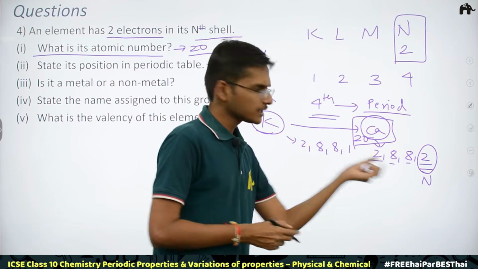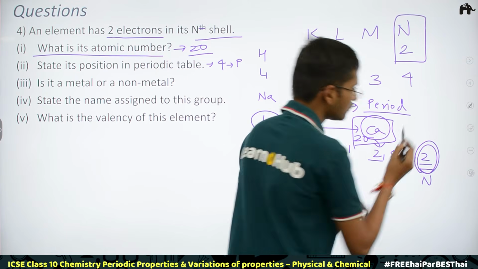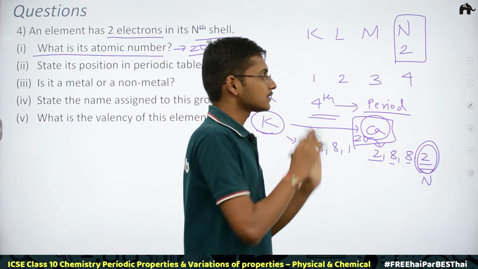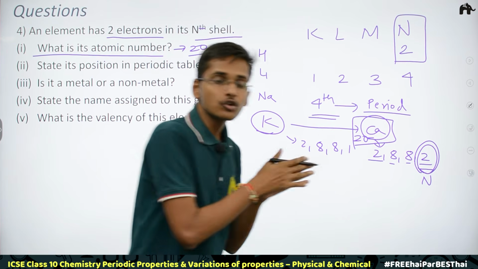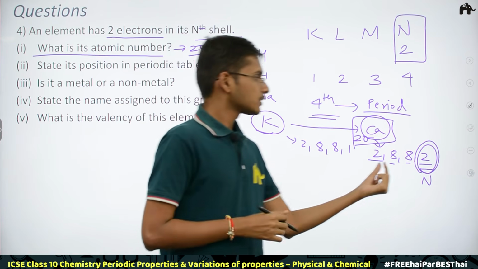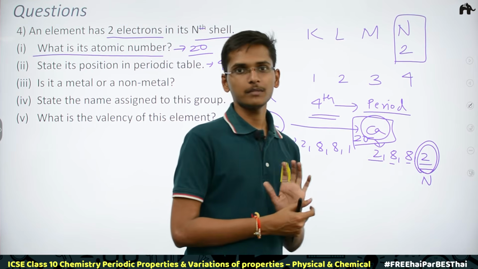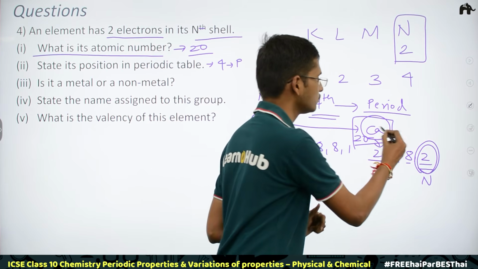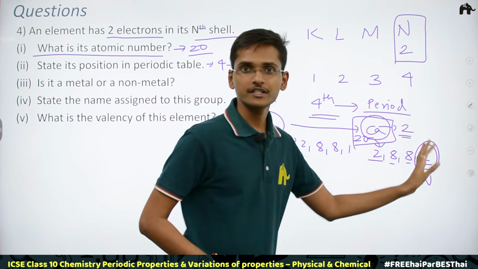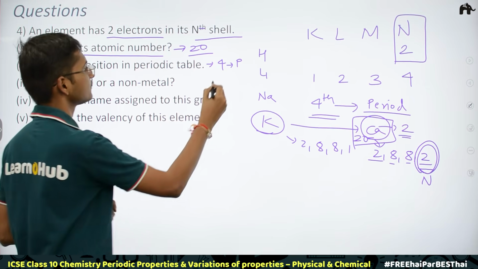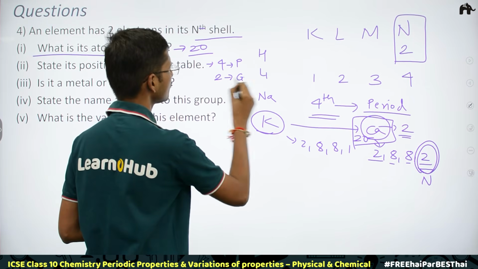And you can cross check. It has 2 electrons in its last shell, and I have told you that if the element belongs to the S block, then the number of electrons in its last shell would be equal to the group number. And yes, we know calcium belongs to group 2. So our logic is correct. We have reconfirmed, and we got the answer. It belongs to group 2.